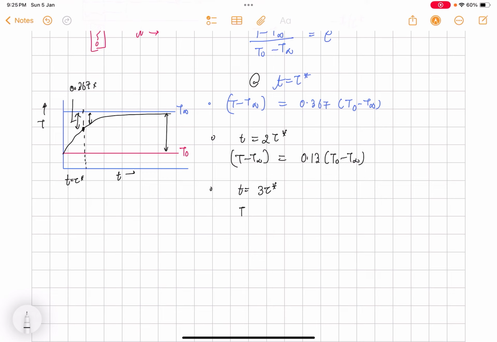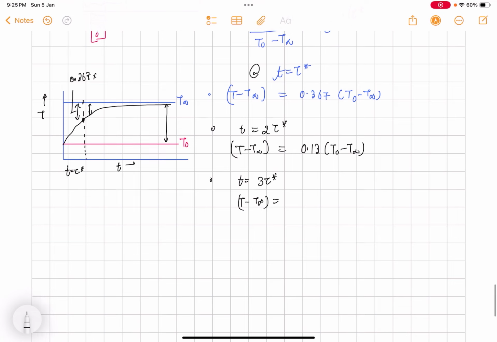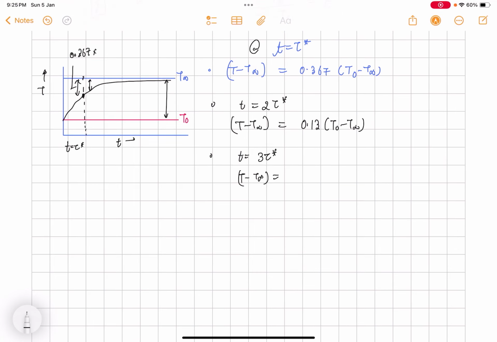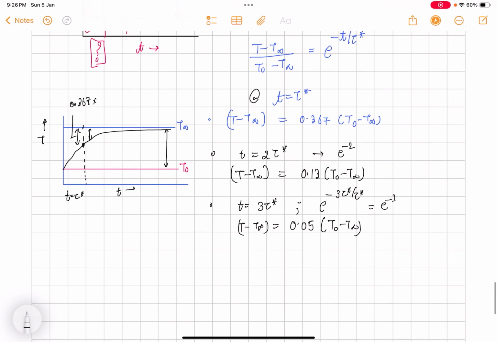Similarly for t equal to 3 tau star, we get 0.05 times. How are we getting it? Because it is 3 tau star by tau star, meaning e power minus 3, and this is e power minus 2.